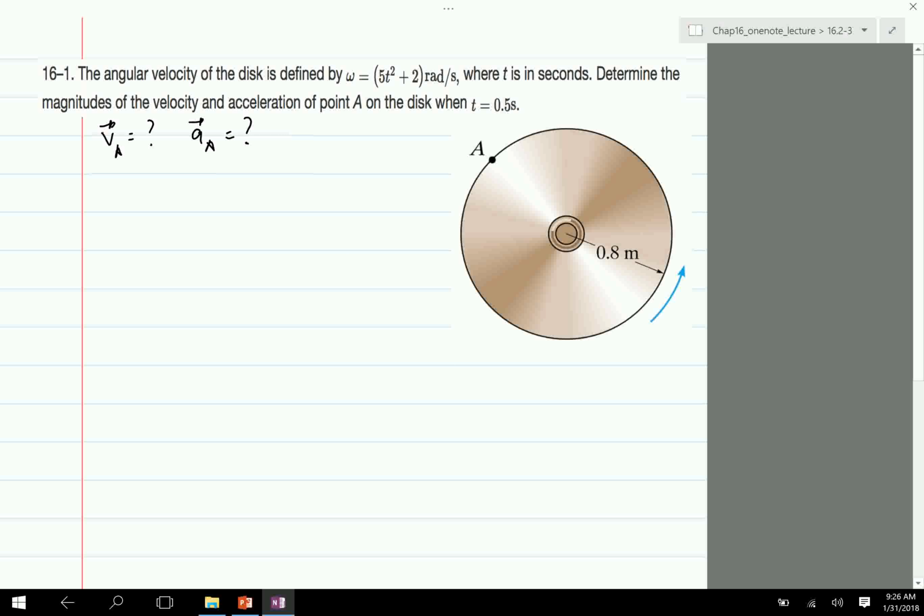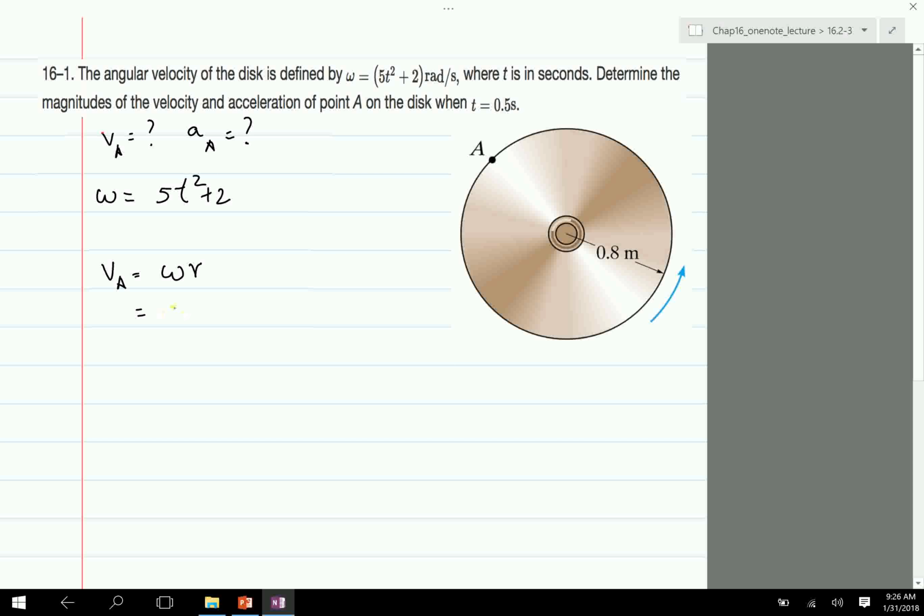We are given omega, so we just need the magnitude. Omega is 5t squared plus 2. In order to find the velocity, we're going to use the formula which we know. V is omega r, just the magnitude.